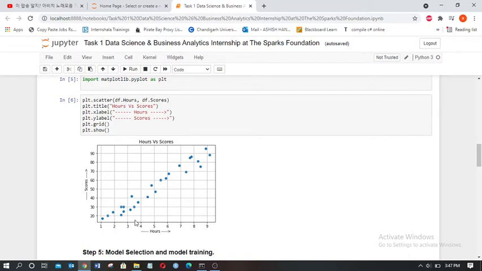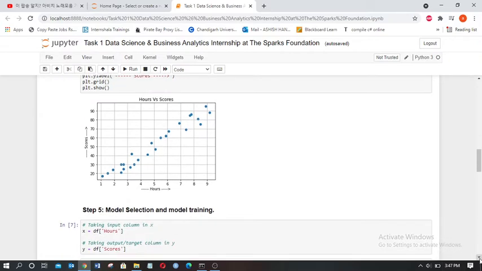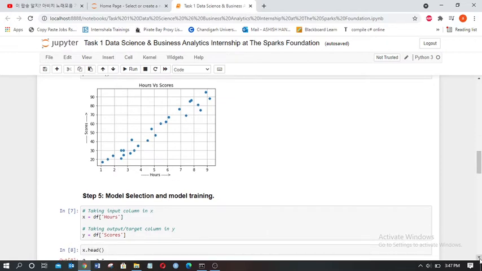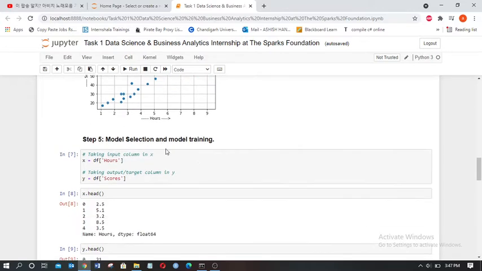As we can observe, we have achieved a pretty linear relation between hours and scores. By observing this I got an idea of a linear function, and I came up with the solution of a linear regression model.